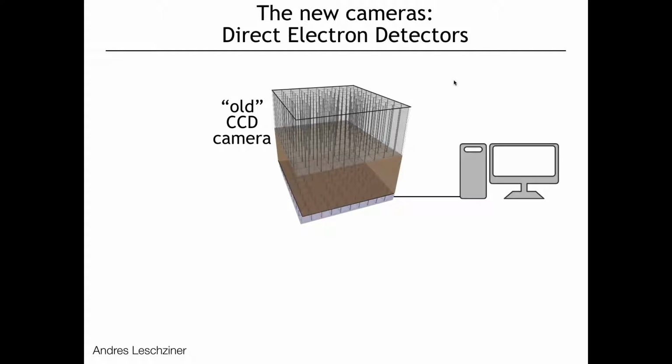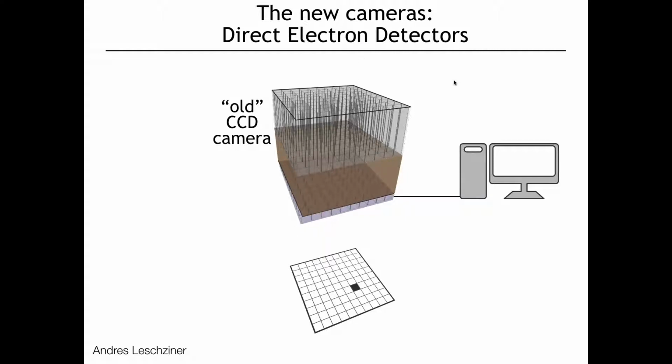In the absence of any sort of noise, if this is your image, the electron would come in and it would form a perfect image in that particular pixel of the detector.